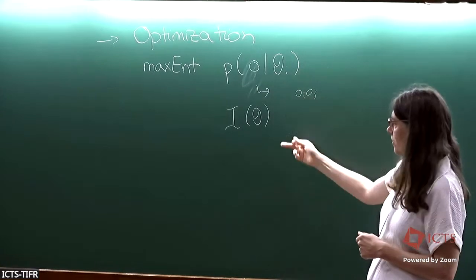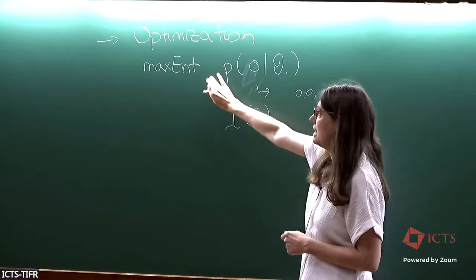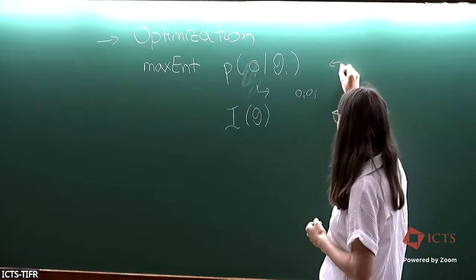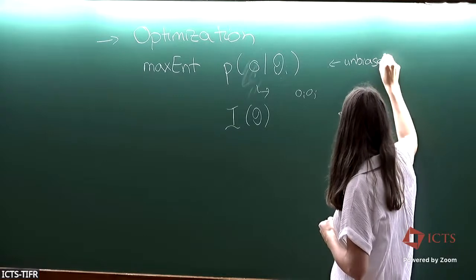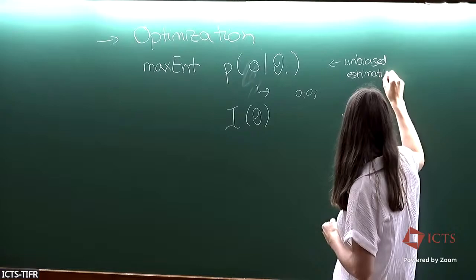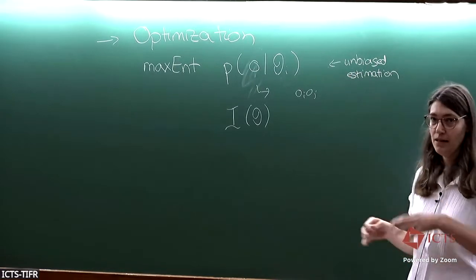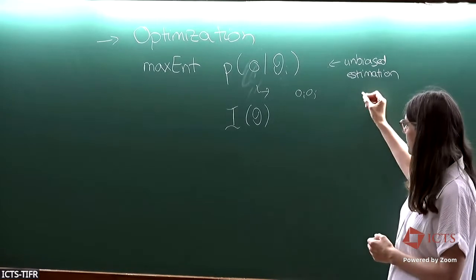The Fisher information is also often looked at because what you want to do with maximum entropy is find unbiased estimates of your parameters. And the Fisher information can be expressed as a bound that can give you a sense of how unbiased your estimate really is.